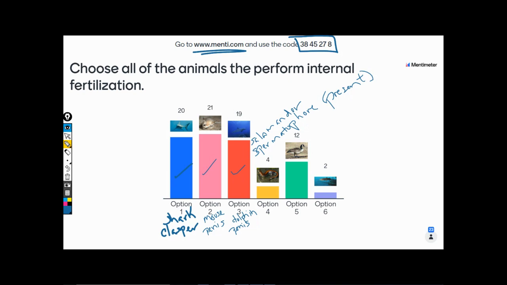So when does a bird egg need to be fertilized? Beforehand, right? Or internally, when they're still soft, or before we put on that hard protective casing.